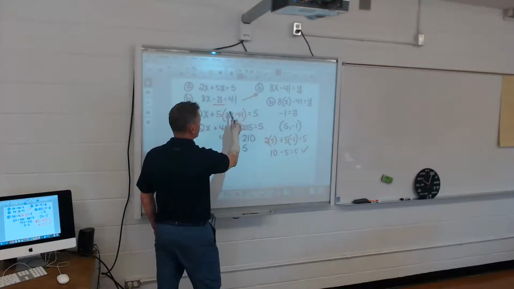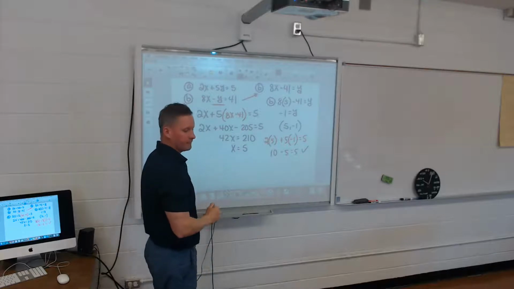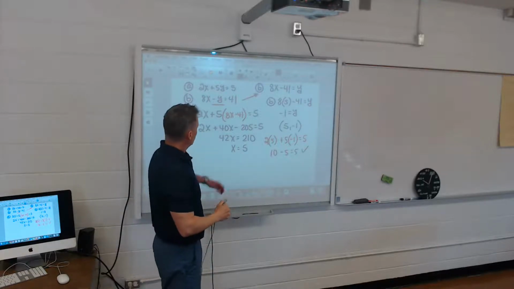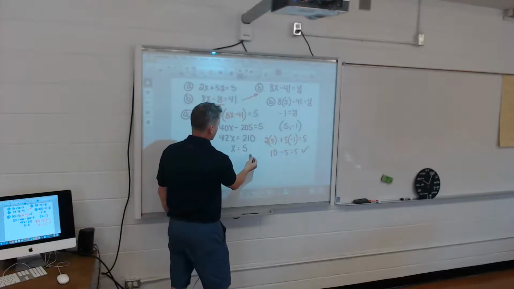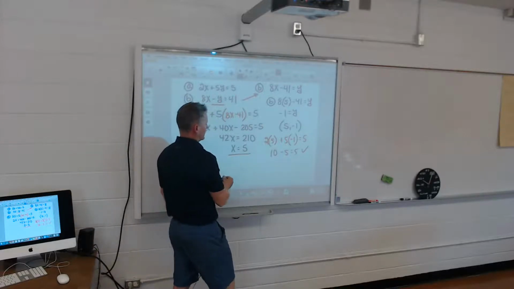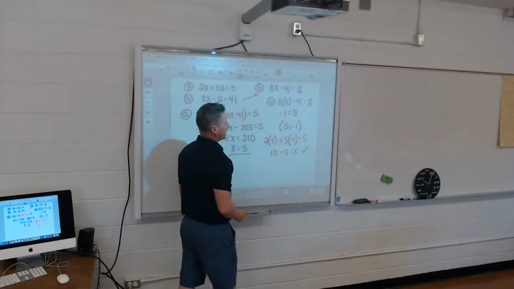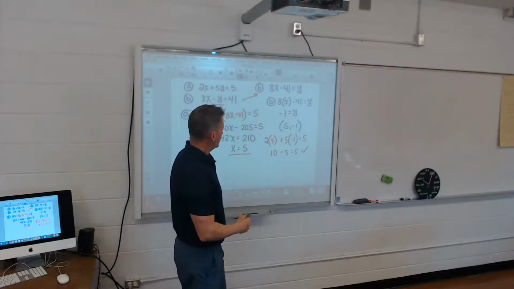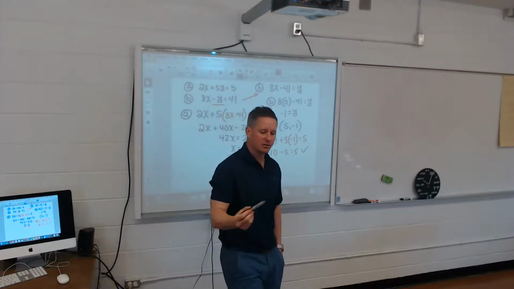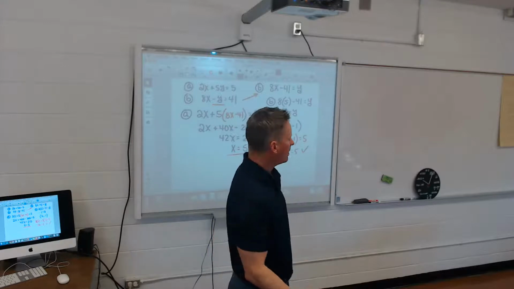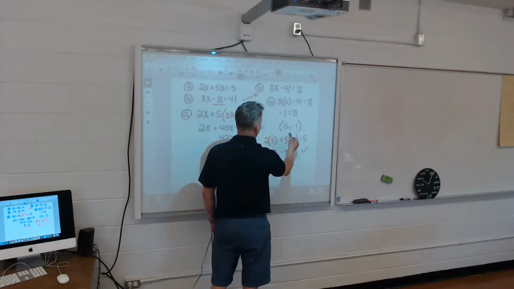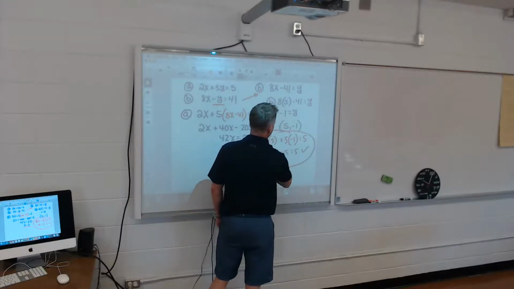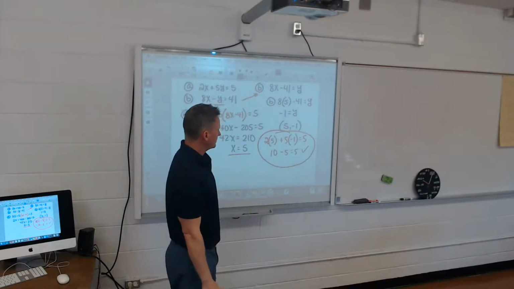And then I substituted it into this equation right here for 8x minus 41. And then I solved. I got x equals 5. And then I needed to find out what the y value of the coordinate was. So I used one of my two equations, and I can use either of the two equations to solve it. I ended up with 5 and -1. And then my check was down here. I use that to check the solution.